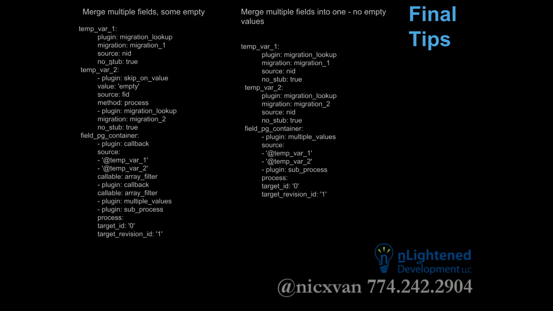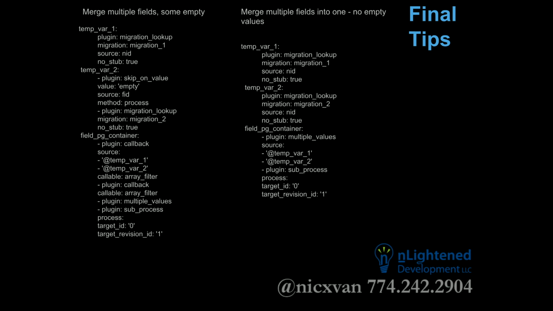So I won't go into particular detail, but if you're merging multiple fields and some of them are empty, you need to take this tactic on the left, which basically does an array filter to get rid of the empty values before setting them. If you have multiple fields being merged into one and they're all populated, then you basically just do a sub-process, and you can't invert those. That's something you need to know whether your source is going to have empty values or not, and use one or the other accordingly.